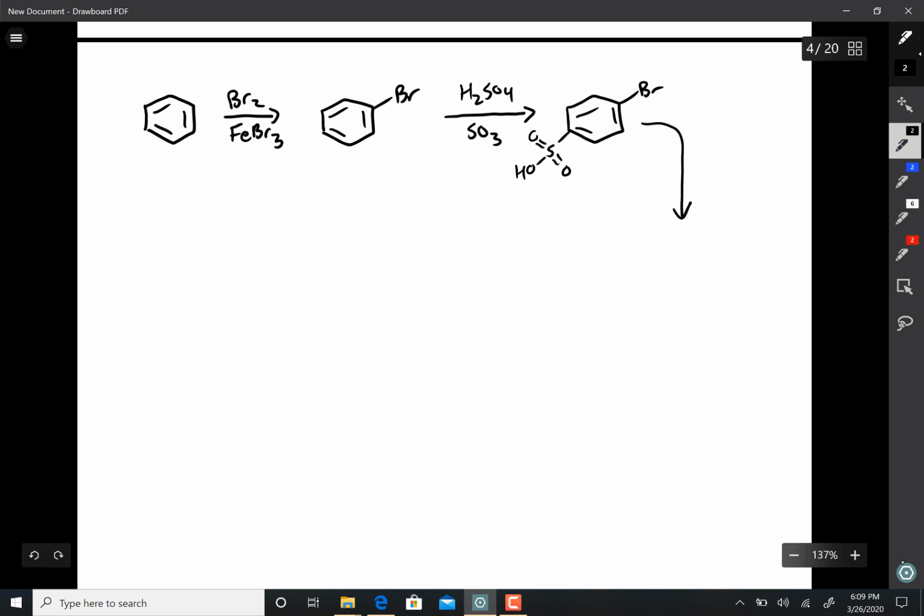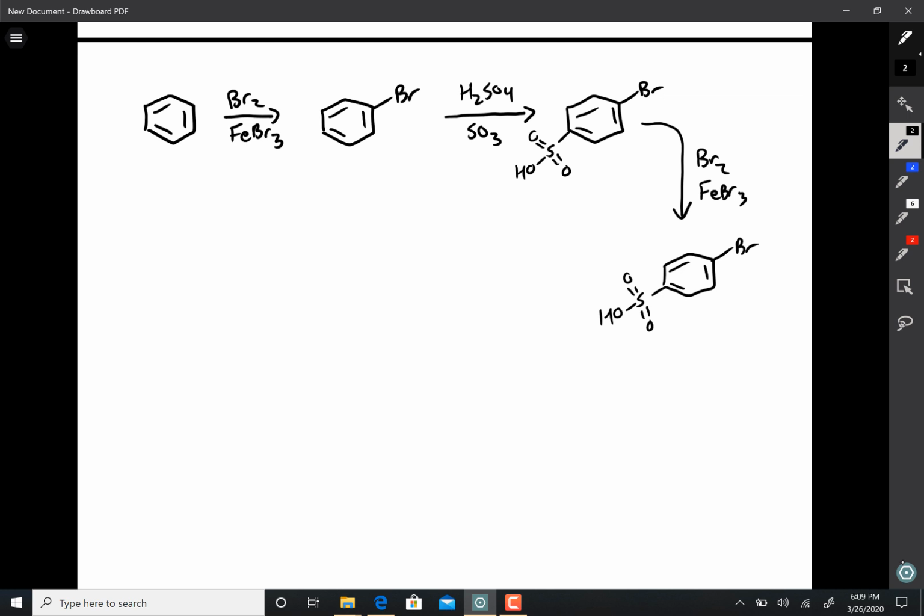Then if we brominate again, we now have 2 groups on this benzene ring, the sulfonic acid group and bromine. Of these 2 groups, bromine is the most activating group, so that's the director that we're going to use. It's an ortho-para director.